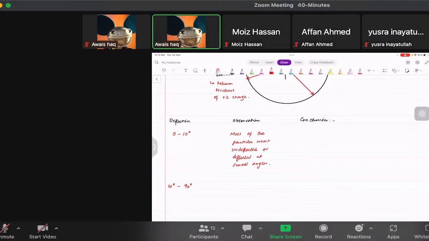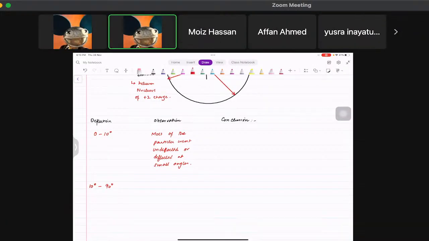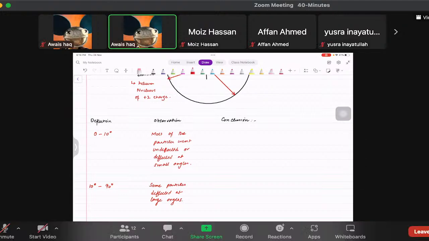Some particles deflected at large angles. In the original experiment, 8,000 particles were incident, and out of 8,000, only 8 or 10 particles deflected at large angles. Otherwise, all of them just went straight. Is that clear, everybody?